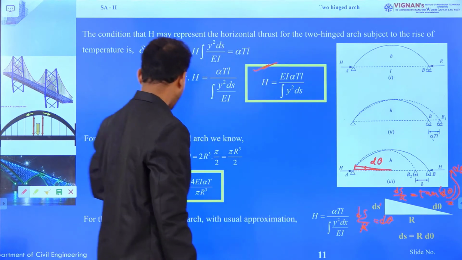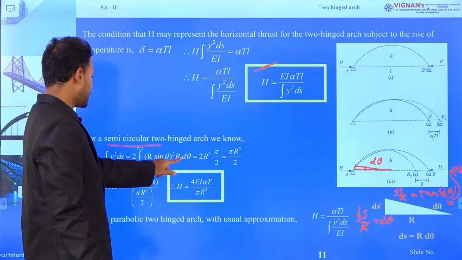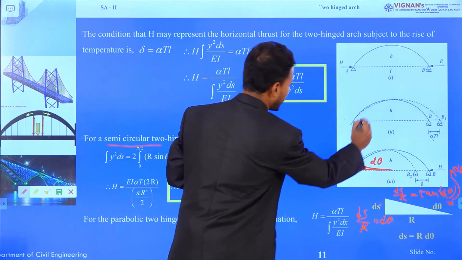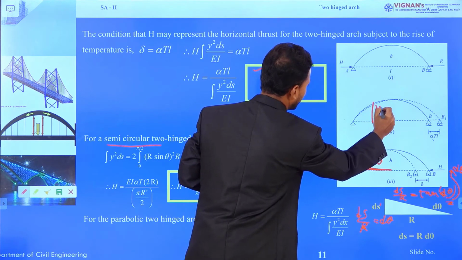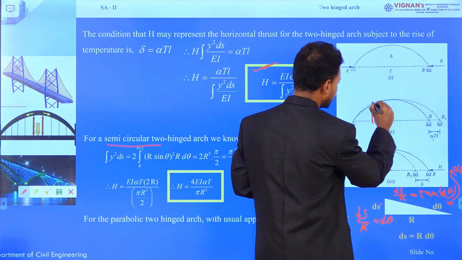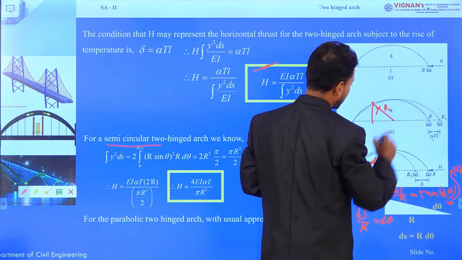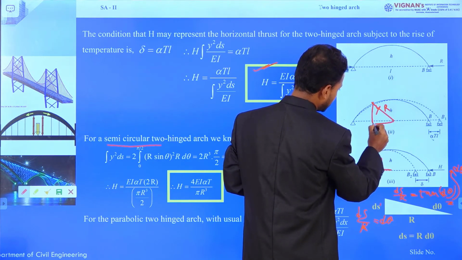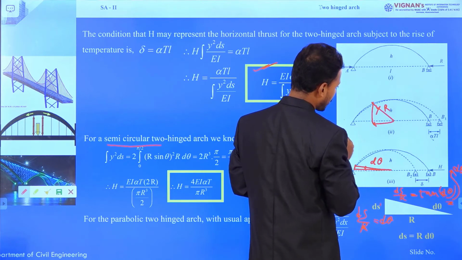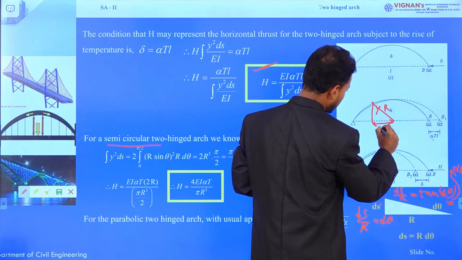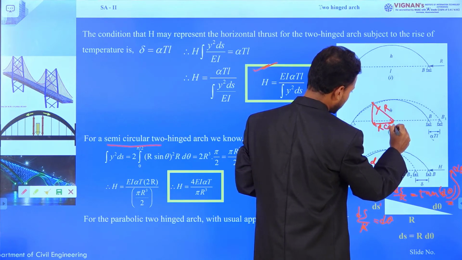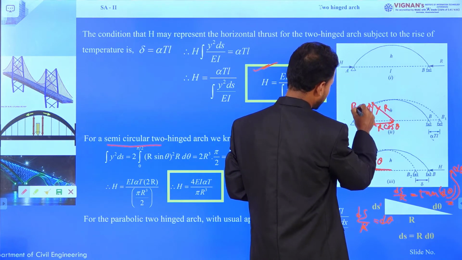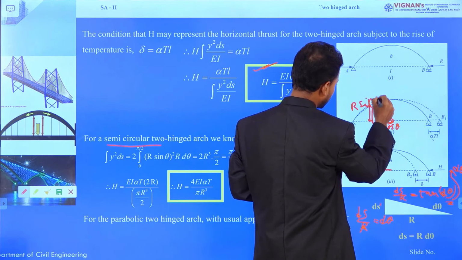So we can write here ds equals to r into d theta, and y is nothing but r sin theta, because at any section, what will be the y? Say this is r, the hypotenuse is r, so the base component is the cos component, that means r cos theta, and the vertical component is the sine component, that means r sin theta.